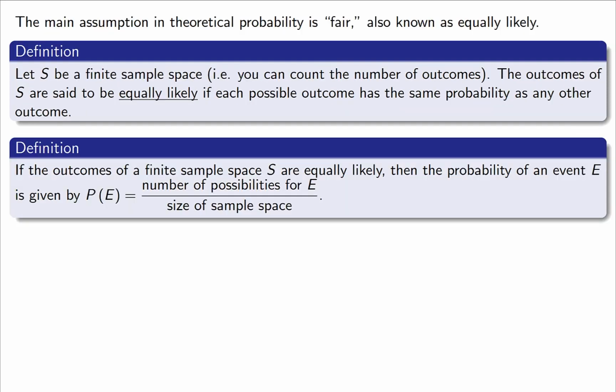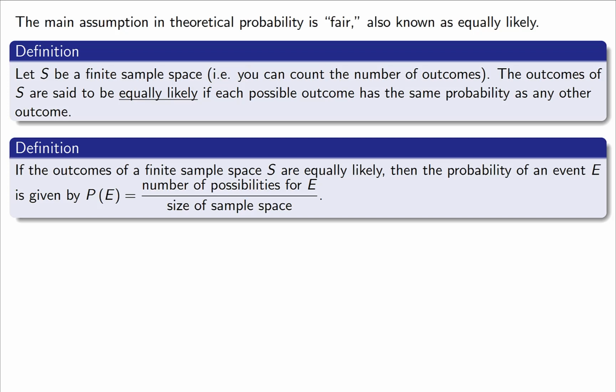So here's our main assumption, the idea of equally likely. Sometimes you'll hear this said as a fair die, a die with all 6 sides equally likely to be landed on. A fair coin, where heads or tails is just as likely to show up. So if you take all the outcomes and the probability of all the outcomes are the same, then we say it's equally likely.